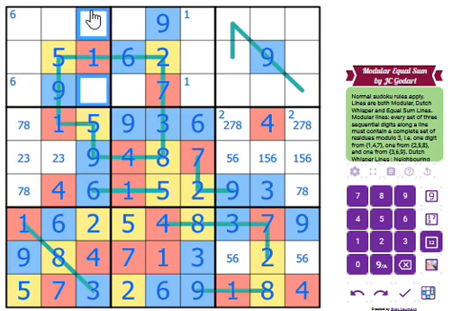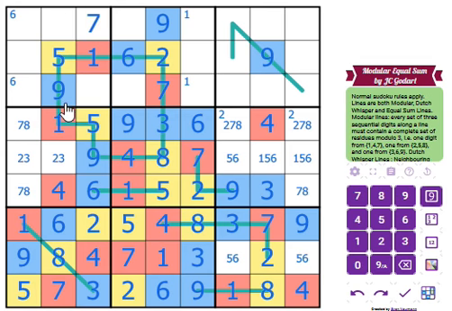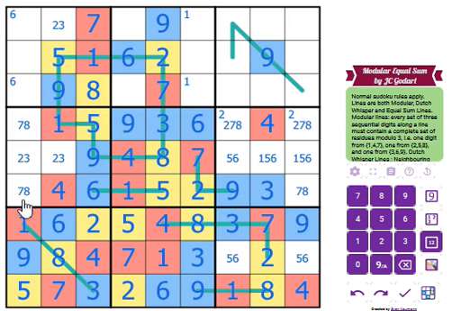So here we're missing a 7 and 8. So here this is a 2 or a 3, the other one, and here we have a 7, 8 pair.